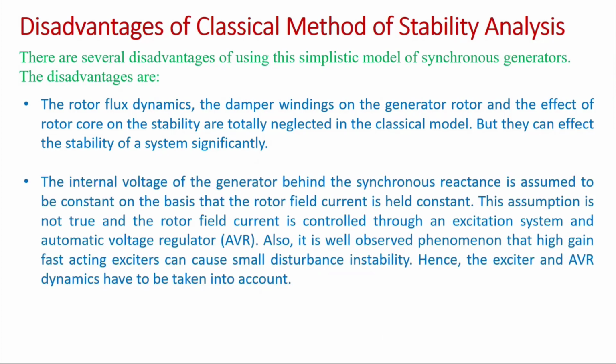The synchronous reactance is assumed to be constant on the basis that the rotor field current is held constant, and this assumption is not true, as the rotor field current is controlled through an excitation system and the automatic voltage regulator. Also, it is a well observed phenomenon that high gain fast acting exciters can cause small disturbance instability. Hence, the exciter and the AVR dynamics have to be taken into account. Without this, our study is incomplete.